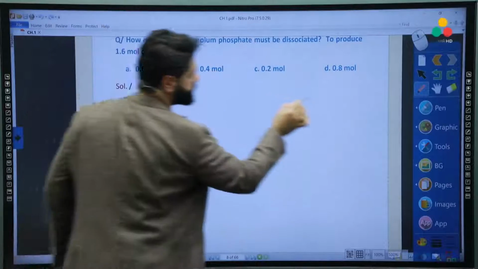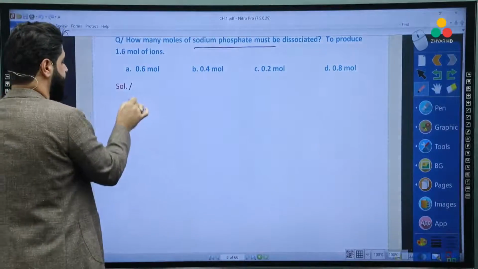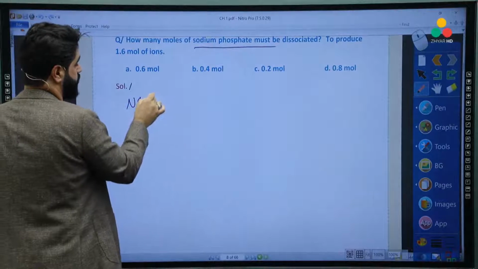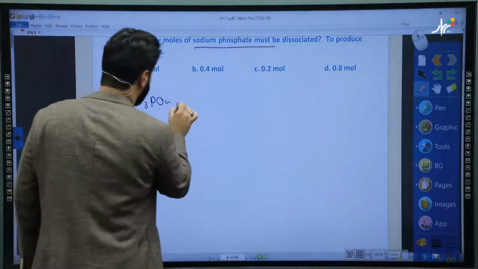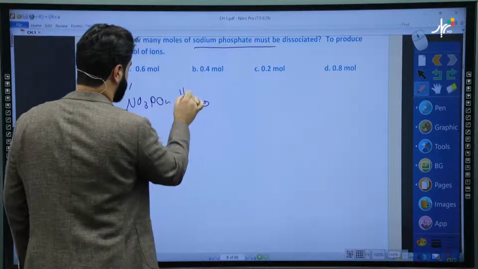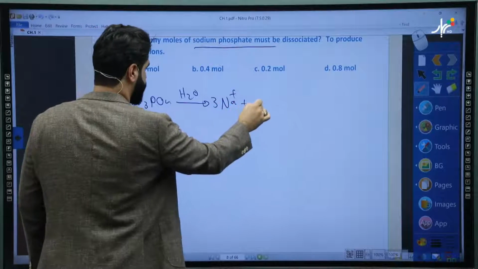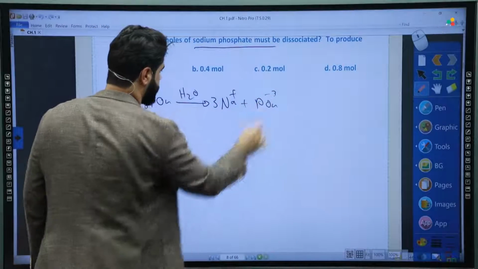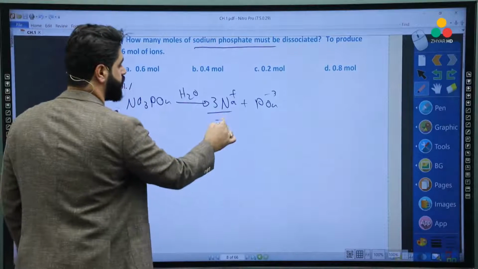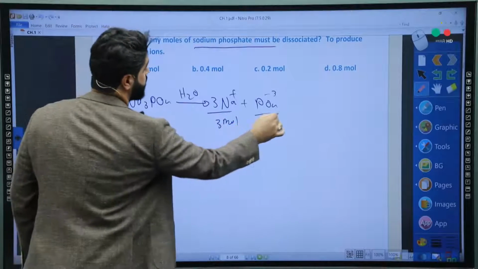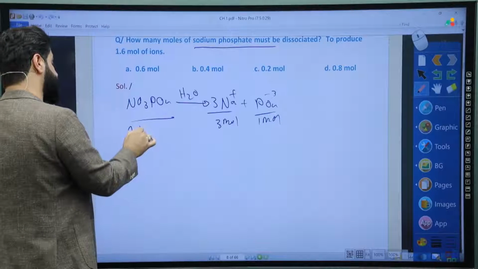Okay. Sodium phosphate is Na3PO4. Okay? Then dissociate 1 mole in H2O to produce 3Na+ and phosphate 3-. Then make your calculation for that mole, 3 mole and 1 mole for 1 mole of sodium phosphate.